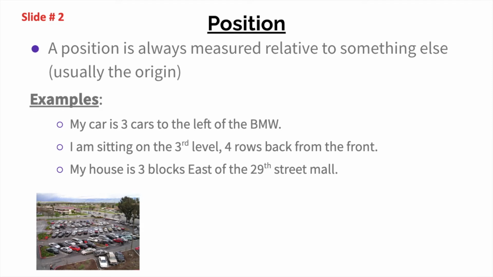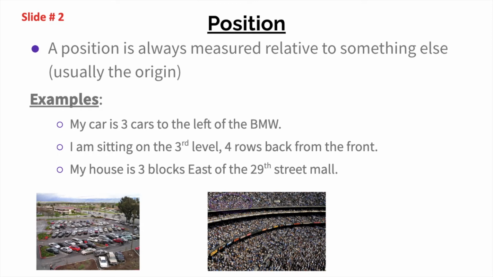Another example would say, if I'm sitting in the auditorium, I could say I am sitting on the 3rd level, 4 rows back from the front. So I gave my position relative to the location of the front of the auditorium or a stadium, let's say.